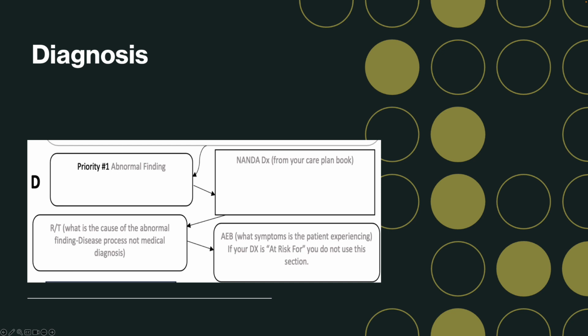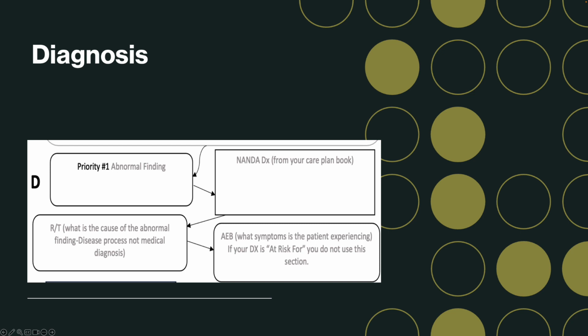Once you decide your priority, take a look at your care plan book and look at the list of NANDA diagnoses that fit with your priority. In the diagnosis book, there's also a section that lists related to that diagnosis. But this is essentially the cause of the diagnosis. Inflammation, bleeding disorder, infection. Like, what is the cause? Not a medical diagnosis, but the pathophysiology that's happening to create that abnormal finding.